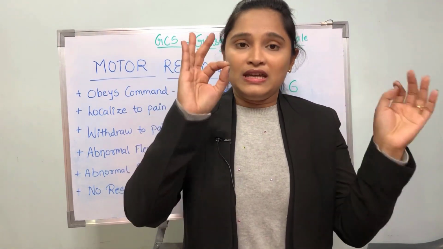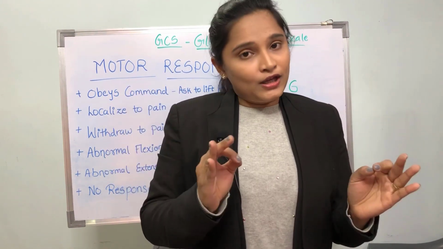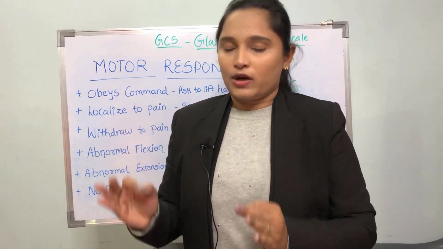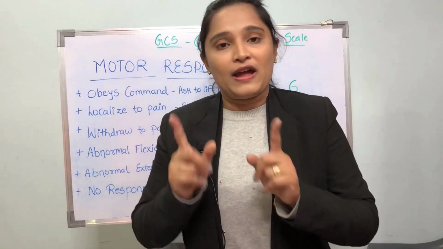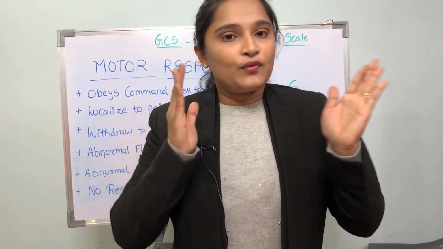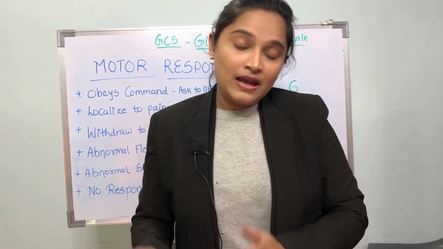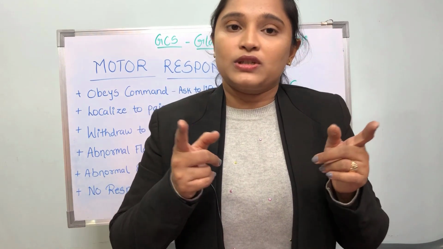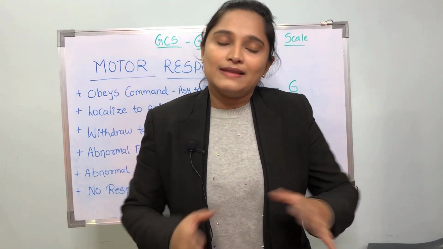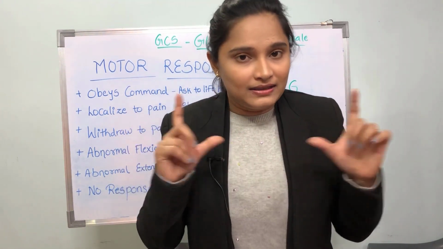It is just EVM, eye opening, verbal response, motor response, and it starts from 4, 5, 6. So E4, V5, M6. If there is some factor which interferes with the eye opening of the patient, it is noted as non-testable, NT.